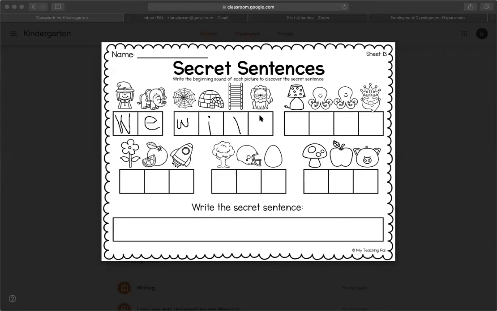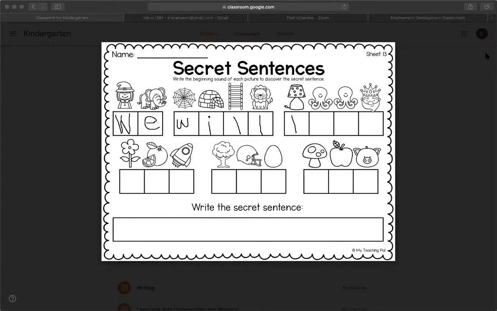L. Mushroom. Now, Parker, can you tell me what the next picture is? Octopus, the one before the octopus. Lamp. L. Good job. So we're going to write a lowercase l.